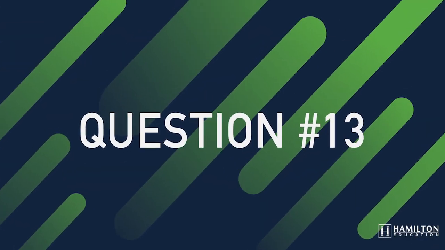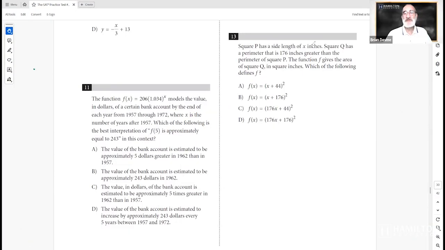Question 13. Square P has a side length of x inches. Square Q has a perimeter that is 176 inches greater than the perimeter of P. The function f gives the area of square Q in square inches. Which of the following defines f? So they told us that the perimeter of P was 4 times x. That's the sum of the 4 sides that are all x in length.